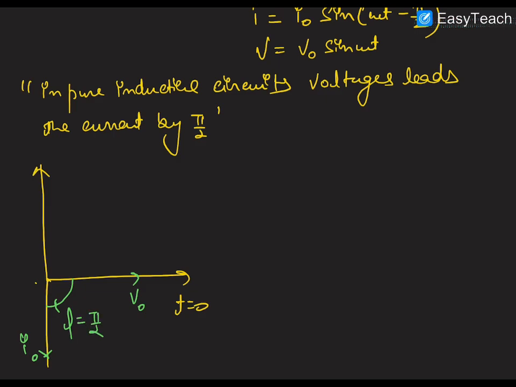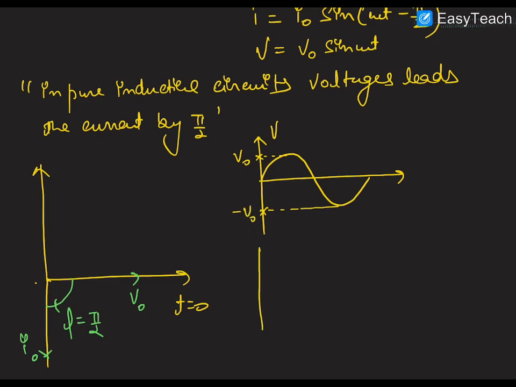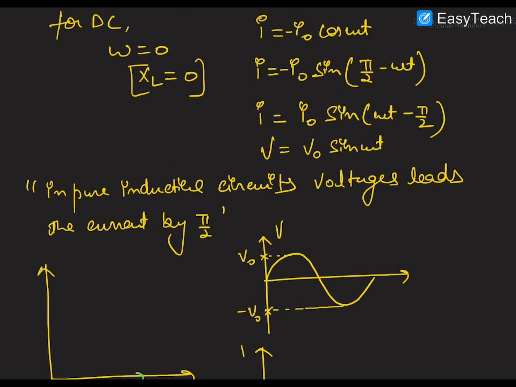And if we draw the wave diagram, then the wave diagram of voltage will be a sinusoidal curve. This is V naught, this is minus V naught. The wave diagram of current I will be a cos curve but with a negative sign.